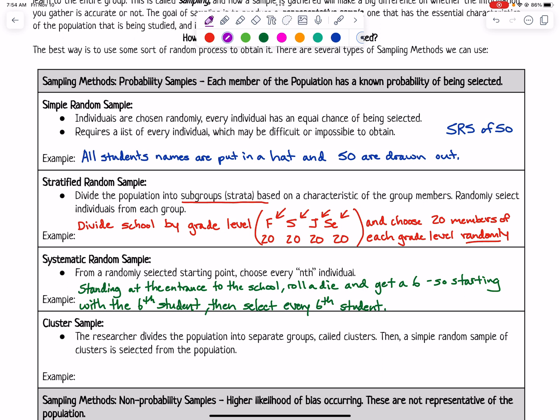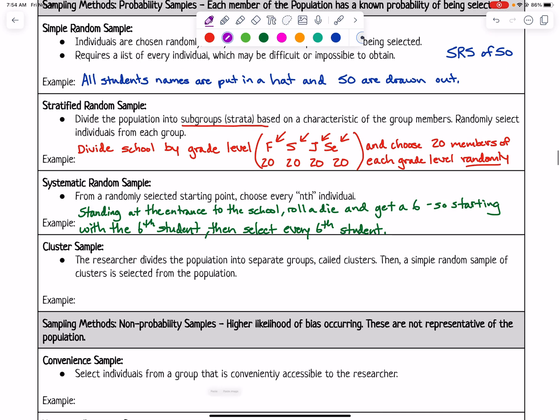So this could be that with our classes, so our classes at school could be like our clusters, and we put those in a hat and we draw out, let's say 5 classes. So let's say classes are clusters, like Mr. Jones' class, Miss Green's class, Miss Hannon's class, those are our clusters.